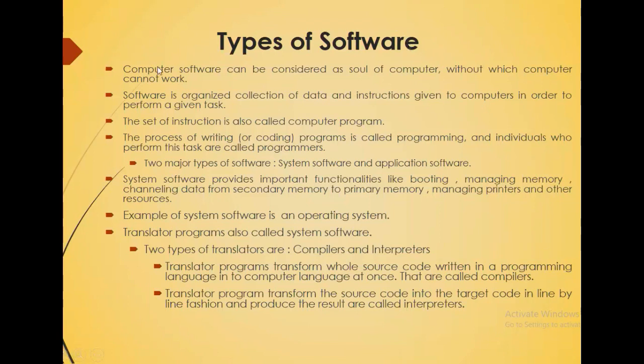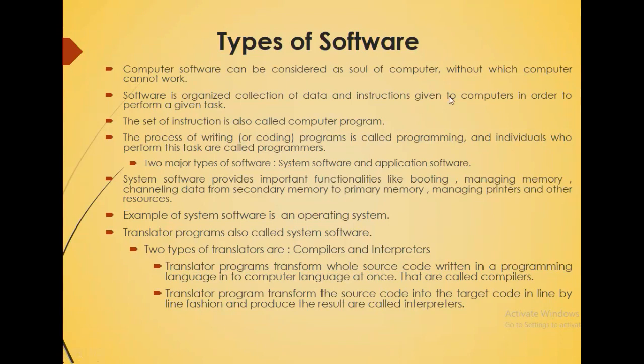Now, types of software. Computer software can be considered the soul of the computer, without which the computer cannot do anything. Whatever task we want the computer to perform for us, we must have software, and in that software the instructions are there. Software is an organized collection of data and instructions given to the computer in order to perform a given task.